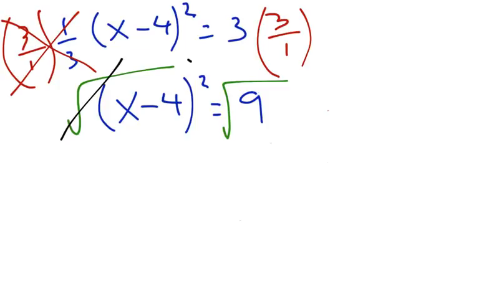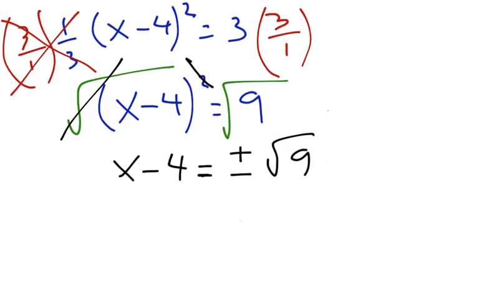The square root will cancel the square, so I'm going to have x minus 4 equals, and remember, plus or minus square root of 9. In this case, can I do square root of 9? Yes, 9 is a perfect square, so square root of 9 is 3. So I'm going to have x minus 4 equals plus or minus 3.